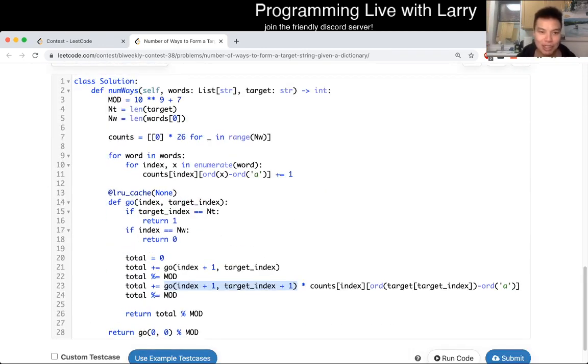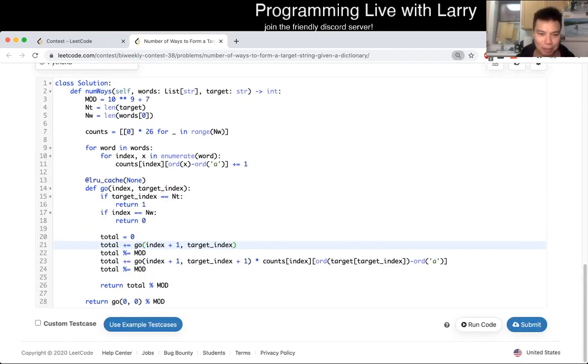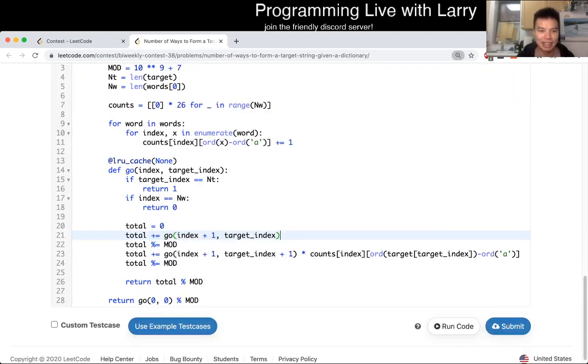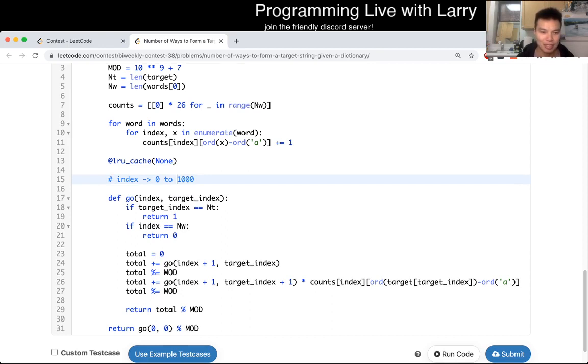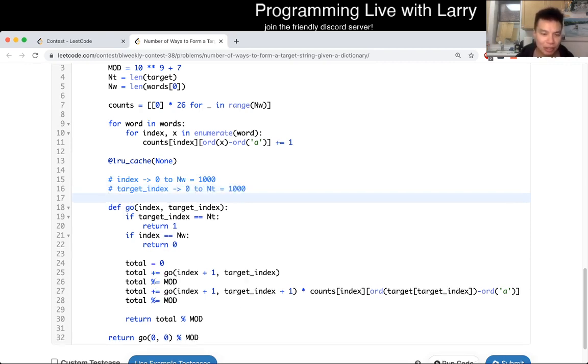And what is the complexity of this, right? Well, let's see. Index could be from 0 to, in this case I named it NW, but let's just say 1,000. And target index can go from 0 to NT, which is also 1,000. And if we look through this, we don't have any for loops, we don't do any iteration work, so this is just going to be O of 1.